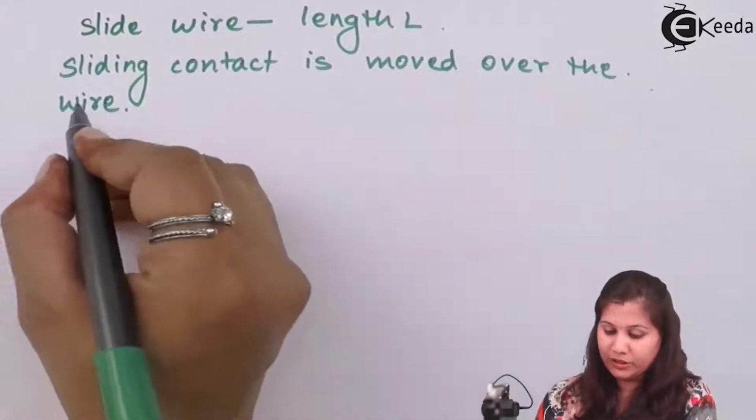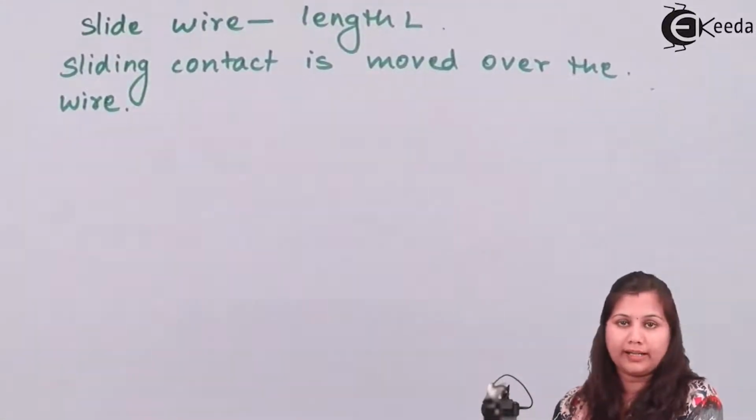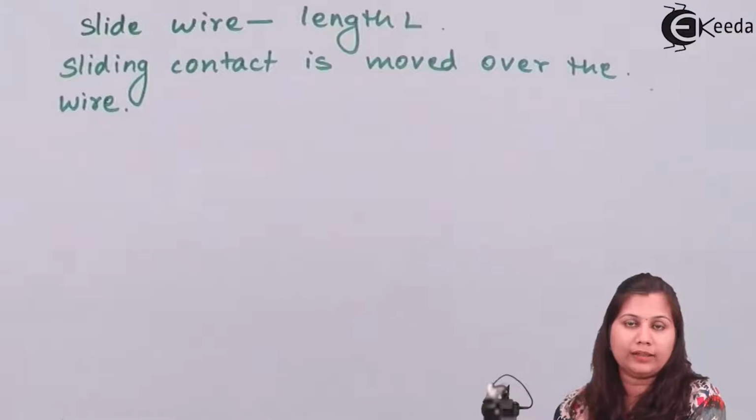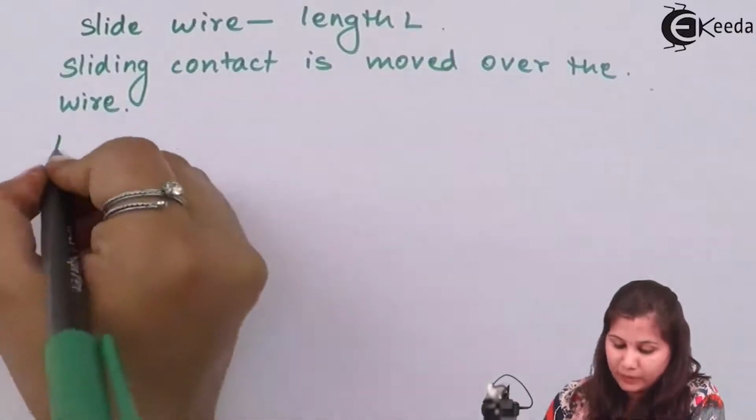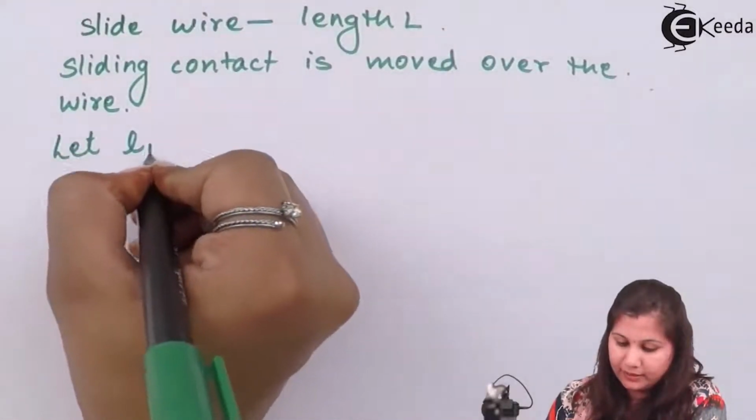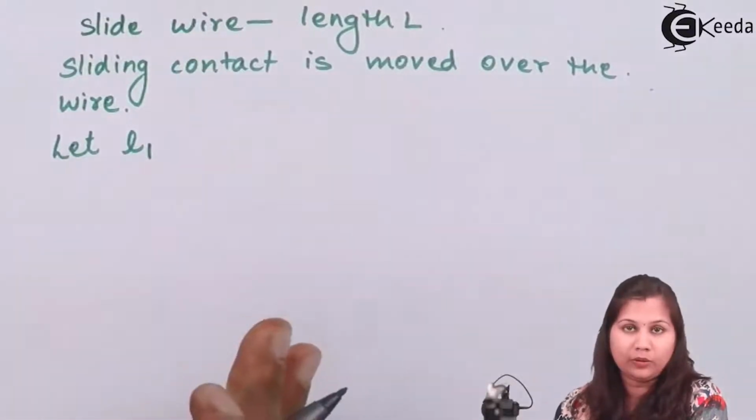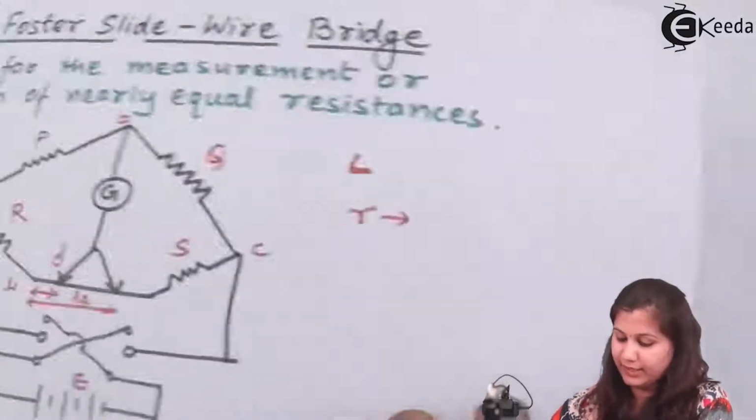Now when the connection is P, Q, R and S, and the sliding contact is moved, let us suppose that L1 is the distance of the sliding contact from the left hand side.